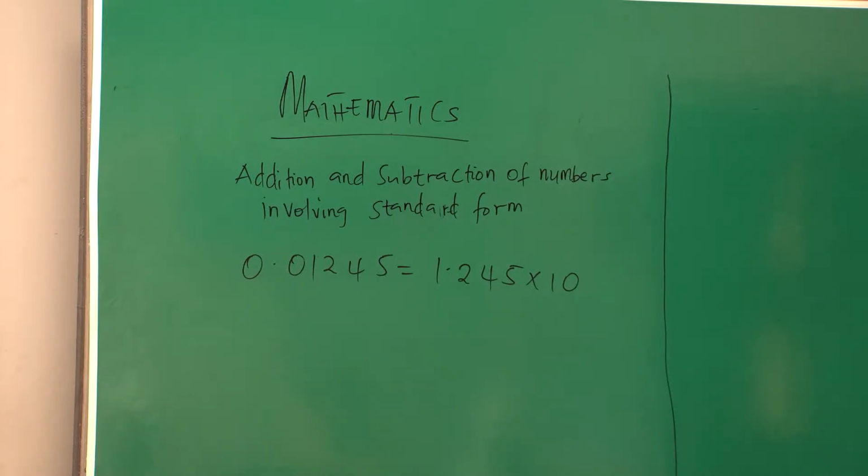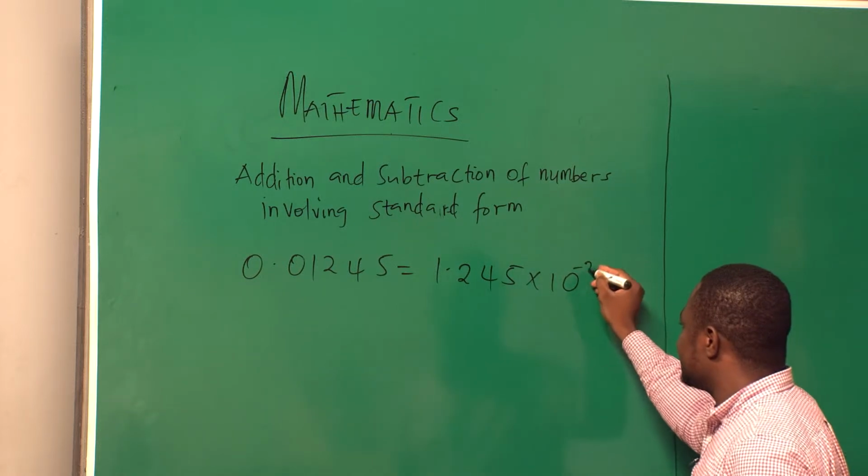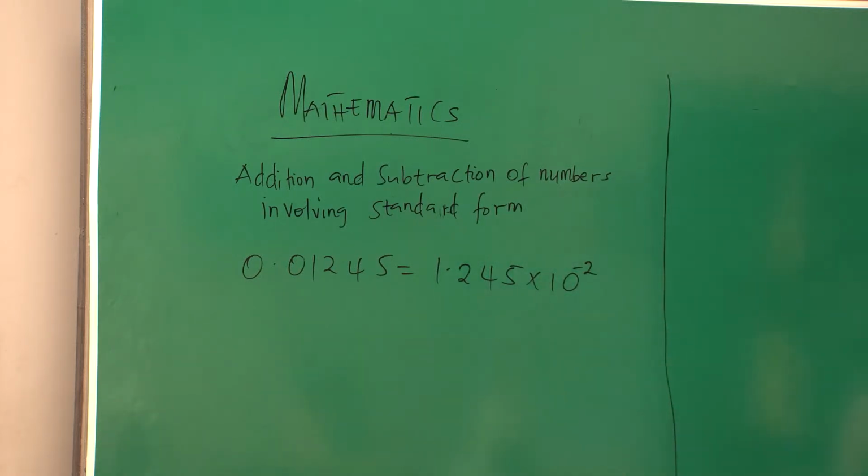In other words, if you are to change 1.245 times 10 exponent negative 2 from standard form to an ordinary number, the negative 2 means you have to move the point to the left 2 times. Are you okay with that? So this is how we change ordinary numbers to standard form.